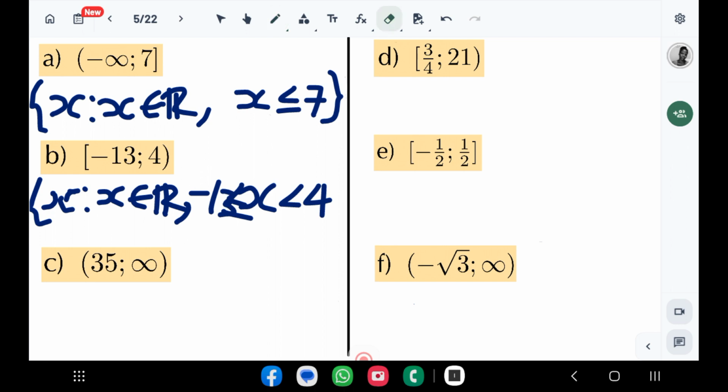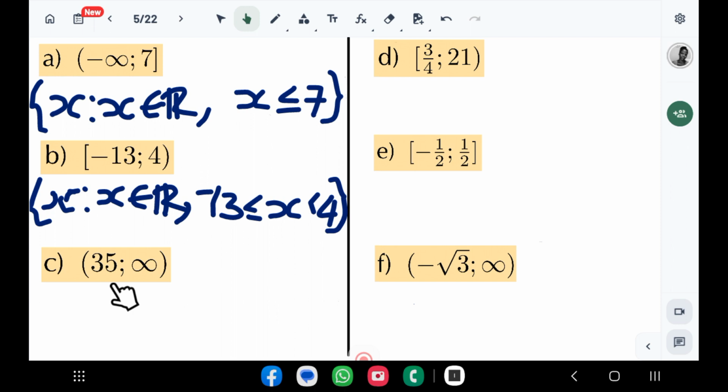Okay, let me fix this. Let's start with -13: -13 is less than or equal to x, which is less than 4. All right, next one.